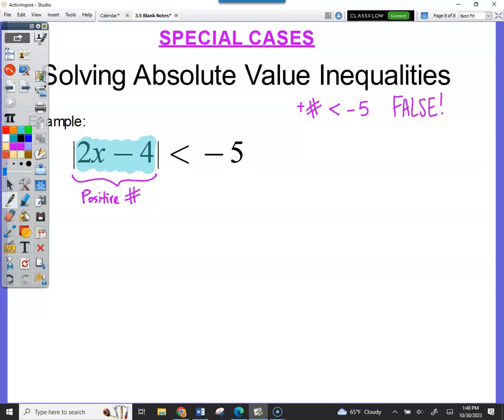Now, what does it look like if you didn't read it from the get-go? Here's what it looks like. This is less than, so this would be between. So you're going to set that between the negative and the positive, which is where things get weird, because it's already negative, so when I go to set it between the negative and the positive, they get sign changes. So 2x minus 4 between the negative, -5, and the positive, which is negative.